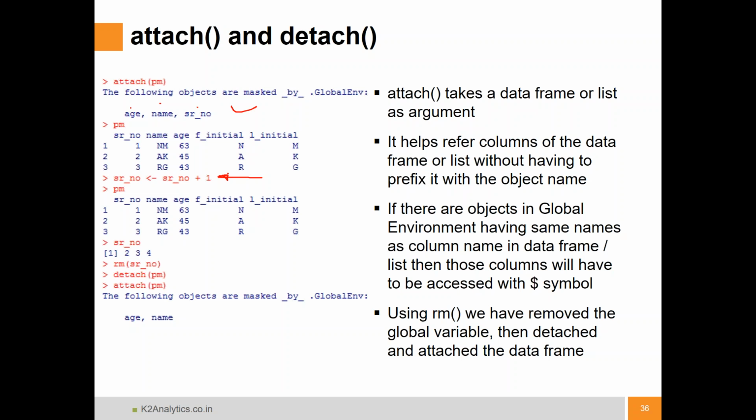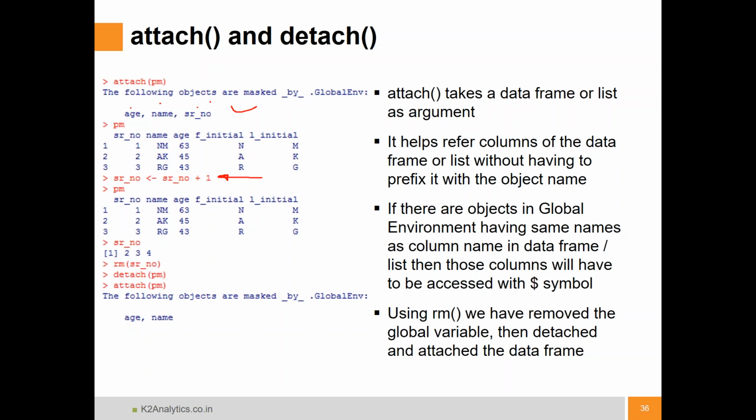The object, because that serial number is already there. The object will have precedence. If the same thing is already there, then the object will have precedence. That's the reason it is giving you a message that these objects are masked, which means these columns cannot be referred to directly, while all other columns of that data frame can be referred to directly.